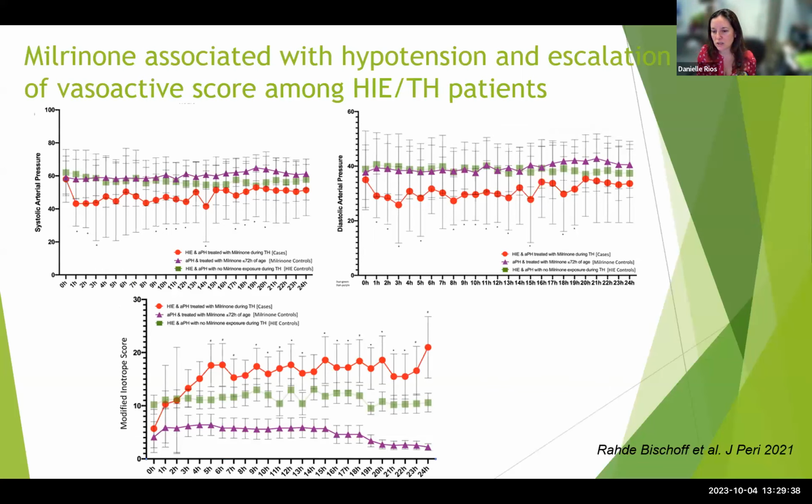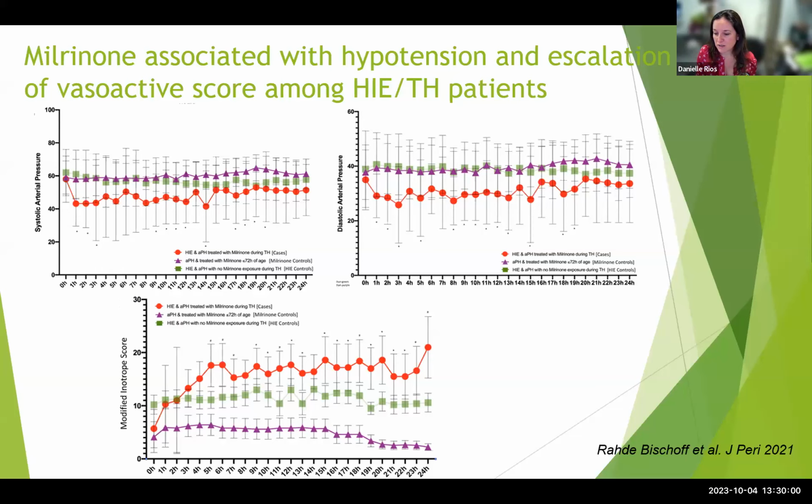Milrinone treated babies that have HIE and are undergoing therapeutic hypothermia are shown in red. Systolic arterial pressure is on the top left, diastolic arterial pressure on the top right, and you can see that those in the red are significantly decreased.